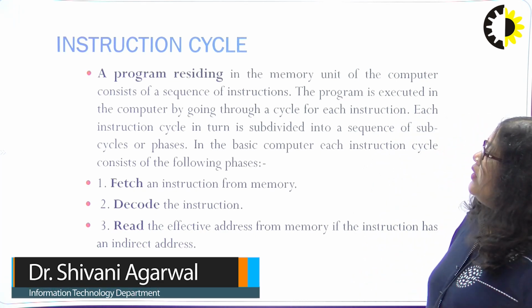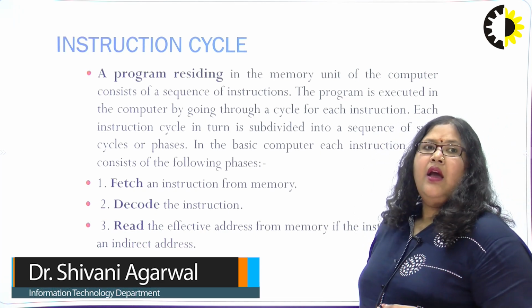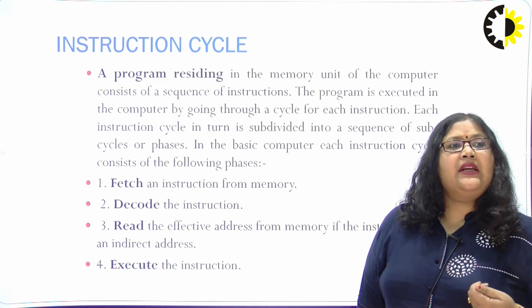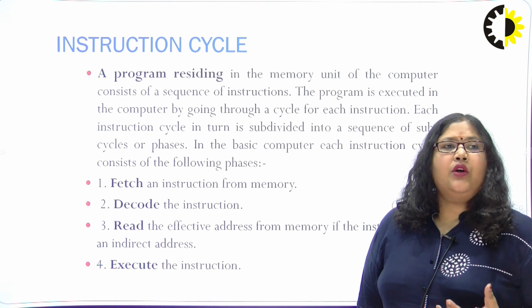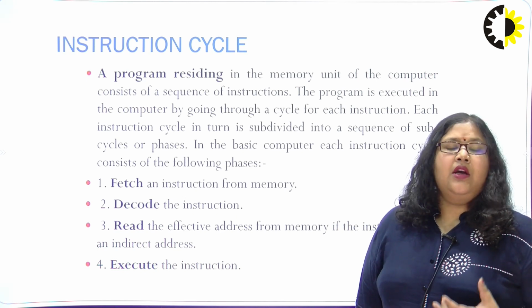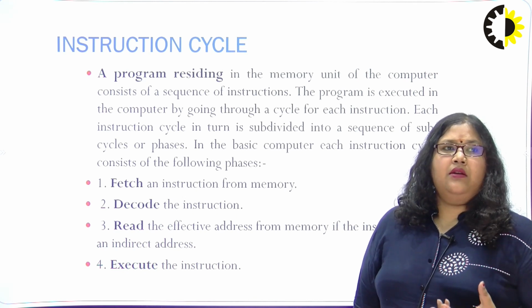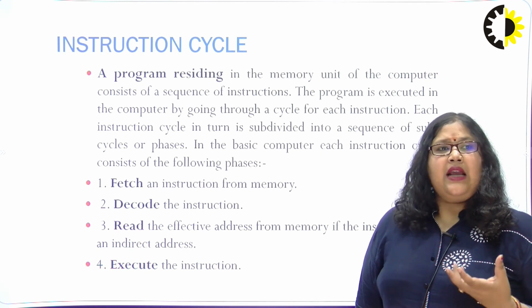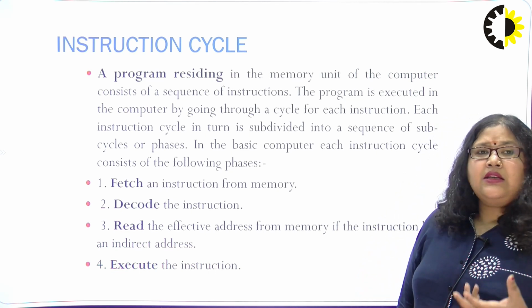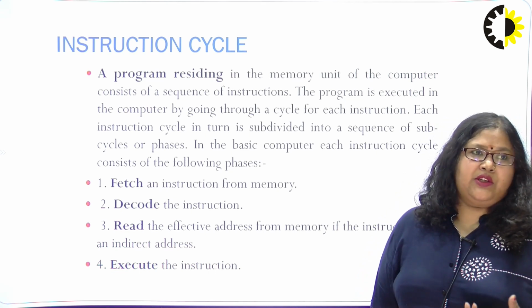Now, what is instruction cycle? Basically, every program or every instruction inside the memory, when we want to execute that instruction, executes by the instruction cycle, because each and every instruction of a computer consists of the following phases of instruction cycle.